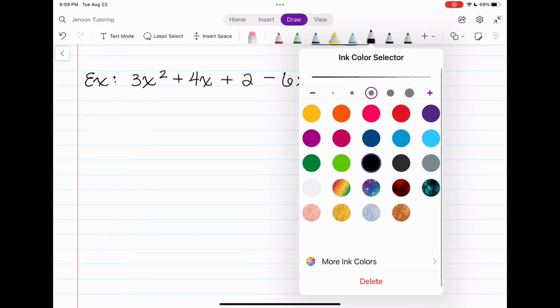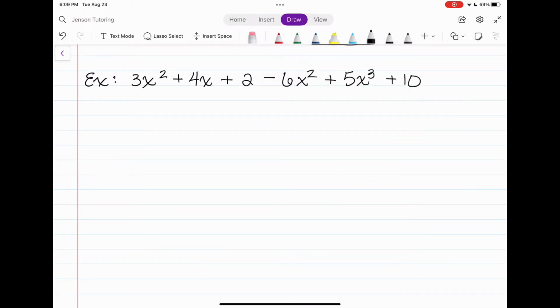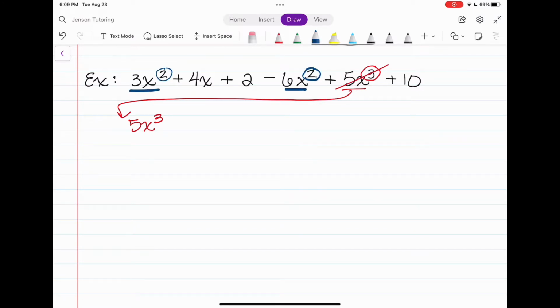Okay, so here's just another example, and first of all, I tend to start with the largest exponent so I get it all in the right order from the get-go. So we have our 5x cubed, and now I'm going to combine my squared terms. So 3x squared minus 6x squared will give us negative 3x squared.